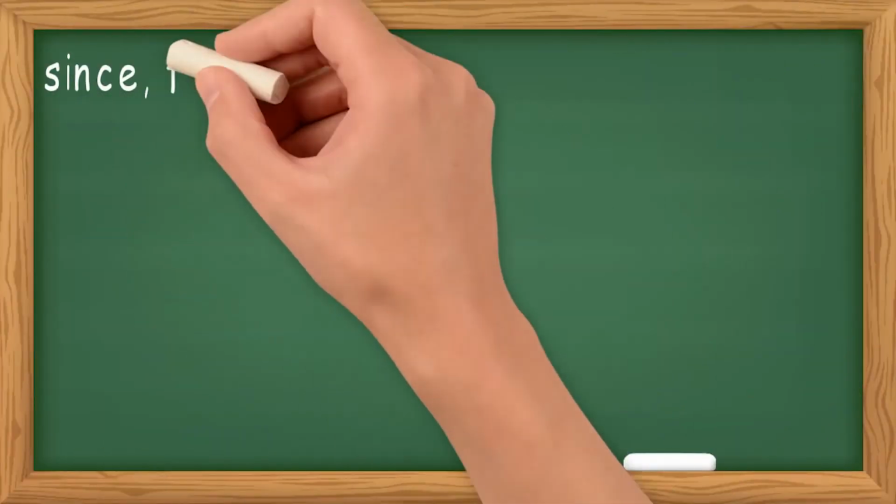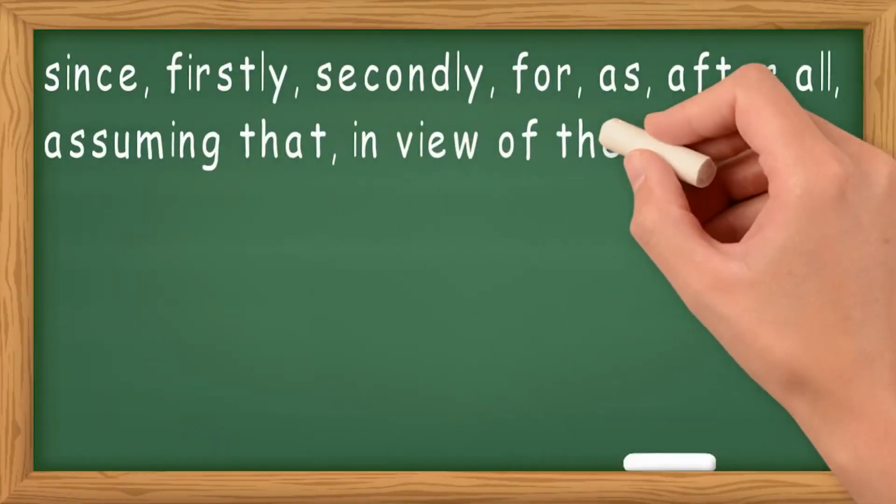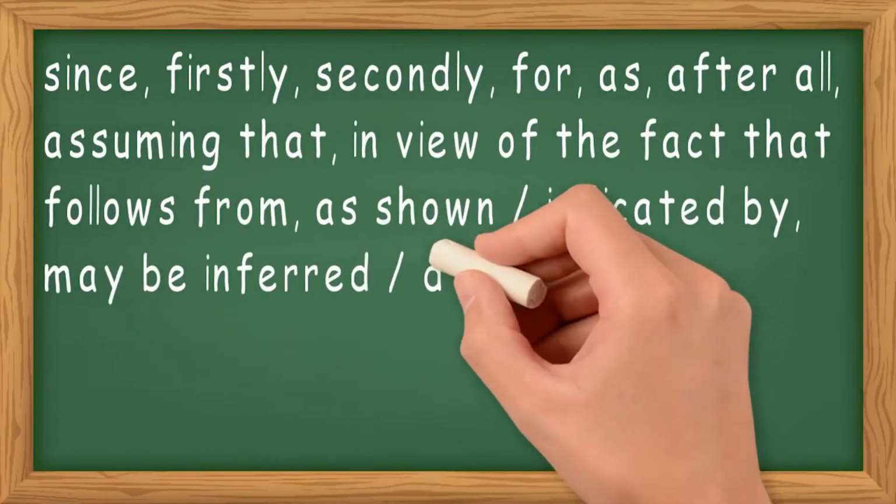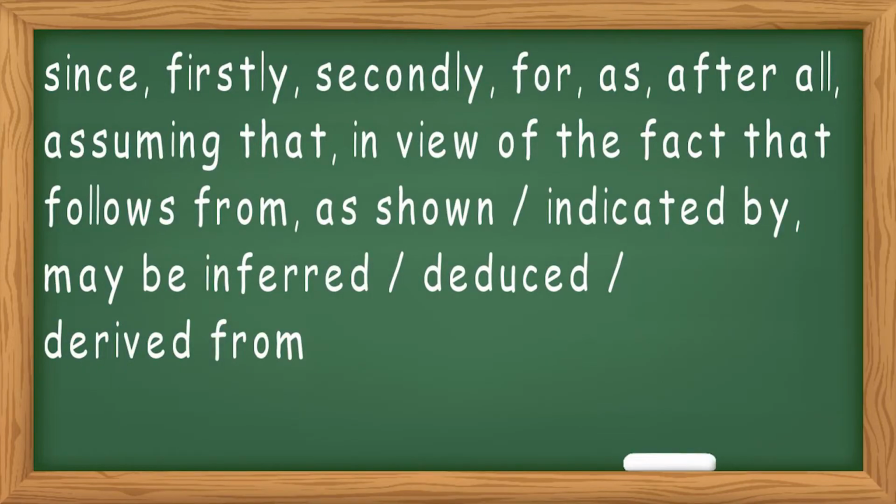Other words in English that might be used to indicate an argument include since, firstly, secondly, for, as, after all, assuming that, in view of the fact that, follows from, as shown, indicated by, may be inferred, and derived from.